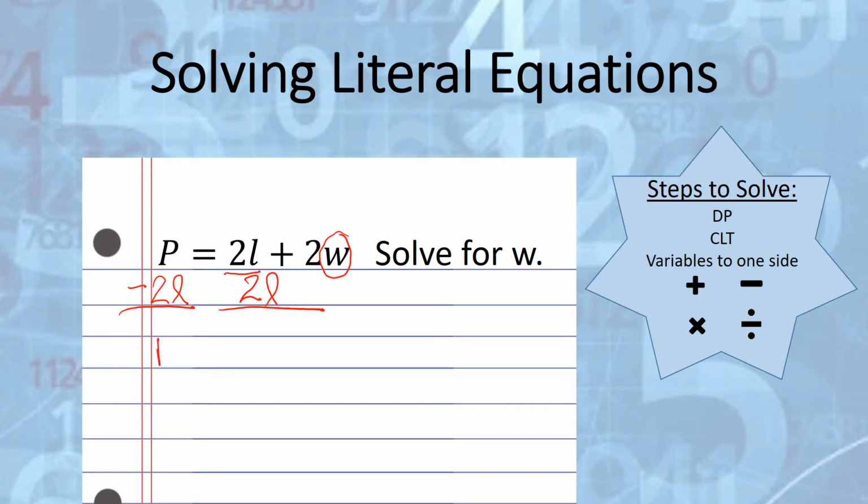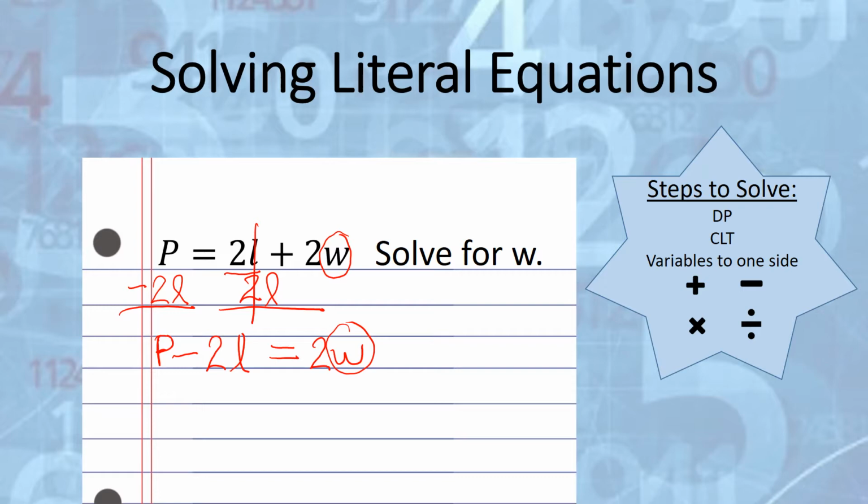This will look very messy, but that's okay because it is a literal equation. So I have P minus 2L equals, these cancel out, 2W. I'm still wanting to solve for that W. I don't have anything else being added or subtracted from it. So now I'm going to look at multiplication and division.